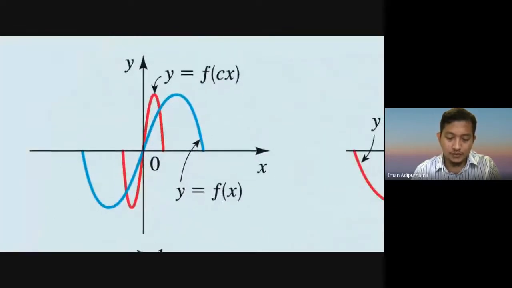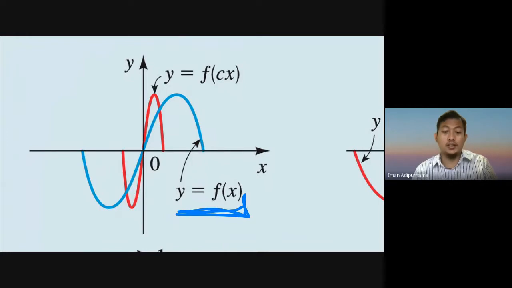So for example, if we start from these original functions f of x, we multiply a constant inside the function here. So we multiply with c.